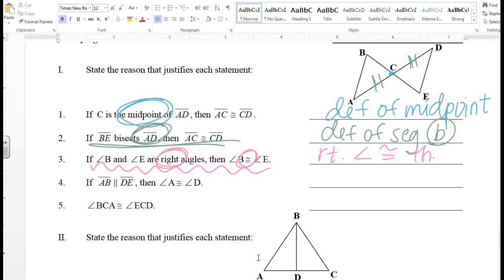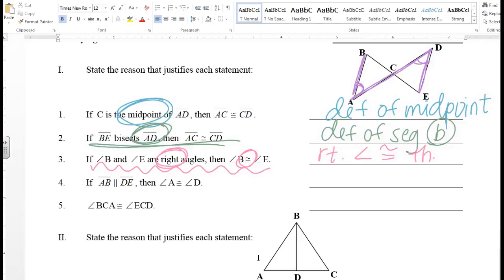Next one. We're going to have to use our picture for this one. If AB is parallel to DE, then angle A is congruent to angle D. You're going to have to pull some prior knowledge here. Those are a certain type of angles. Look at your choices.